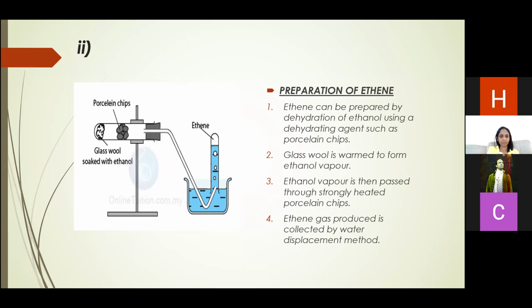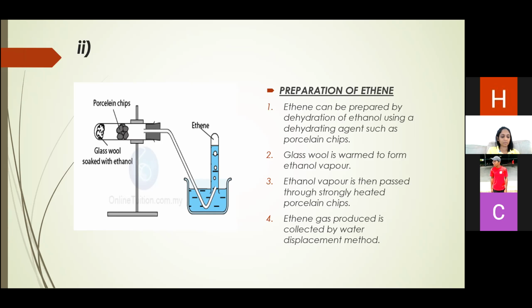Suryan will take over from here. Now it's B2, and they say ethene can be prepared from ethanol. So they ask us to describe the preparation, write the chemical equation, and suggest a chemical test to test ethene gas.